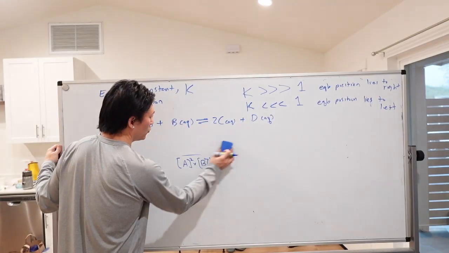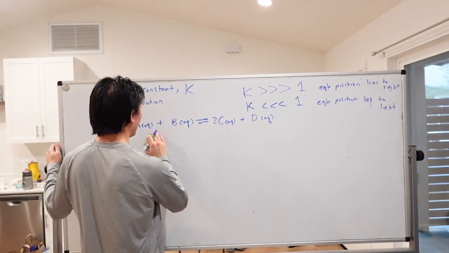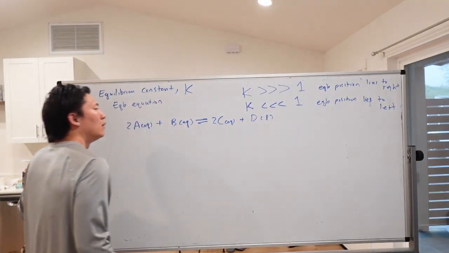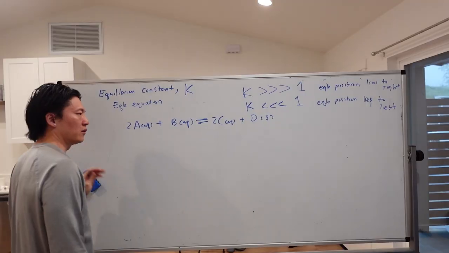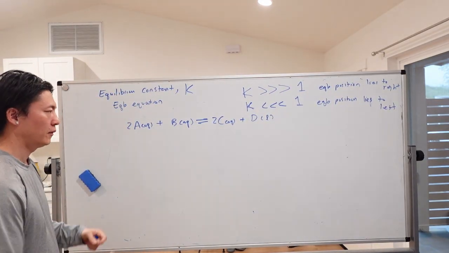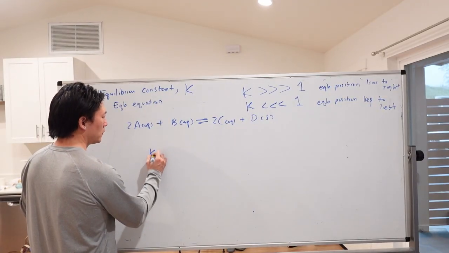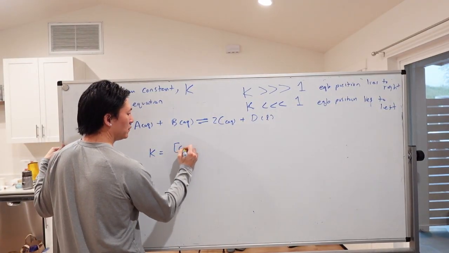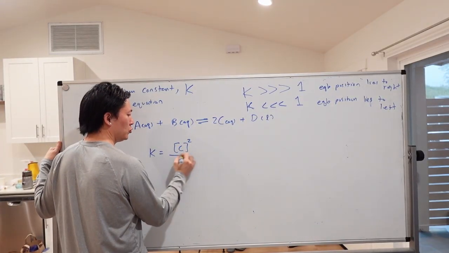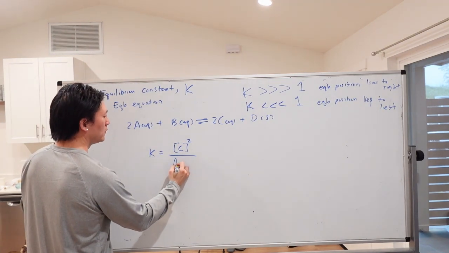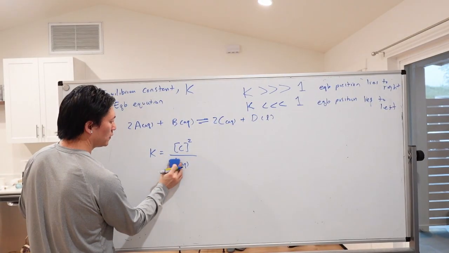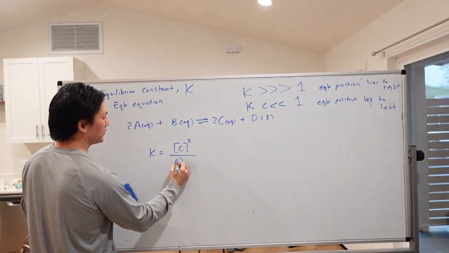Now, what if this happens though? What if it's aqueous, and then this is a liquid? In this case, if it's a liquid, then you do not include it. That's the rule. Only aqueous chemical species can be used in this equation, so K equals just C over the aqueous reactants.